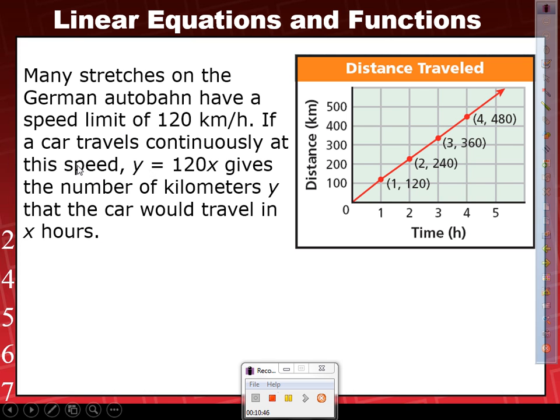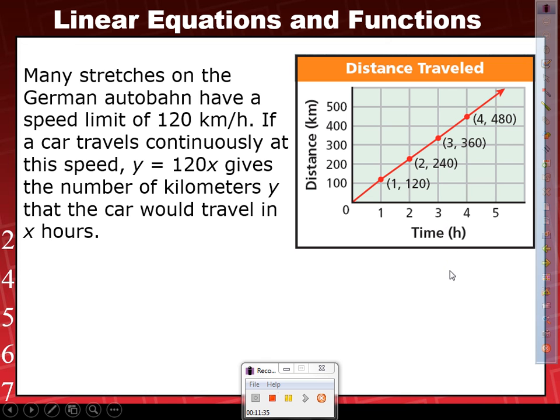This is a function. Now, how do we know? Here's the representation. For the x value of 1, what is the output? 120. For the x value of 2, what is the output? 240. There it is. For the x value of 3, 360, and so on and so forth. Is there one output for every one input? Yes.